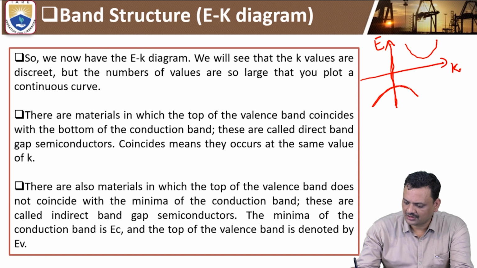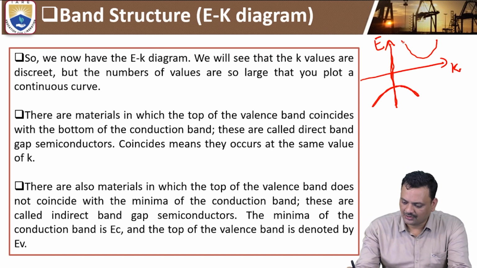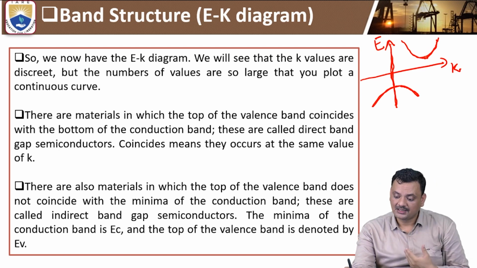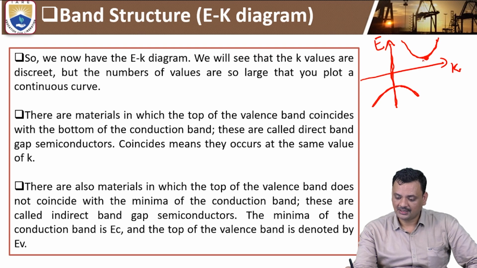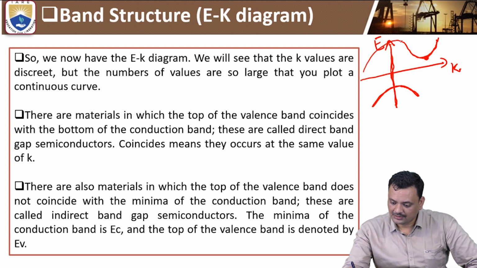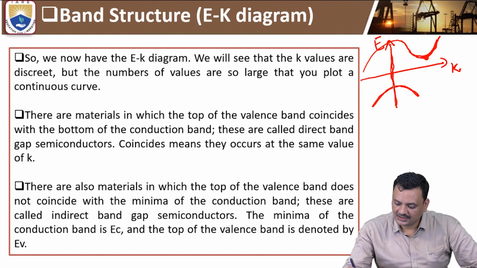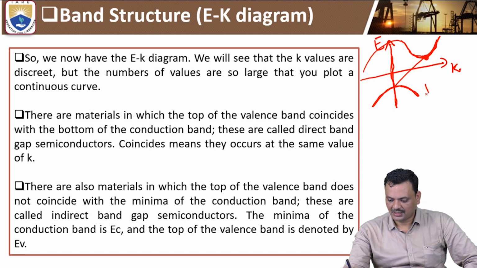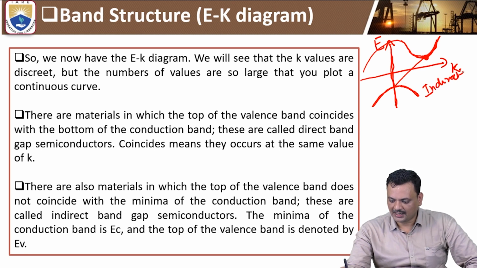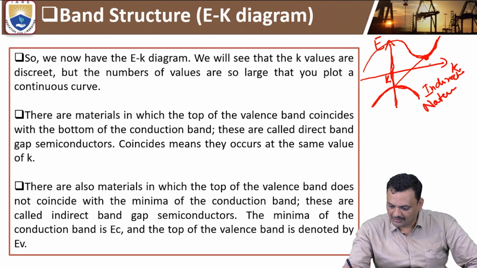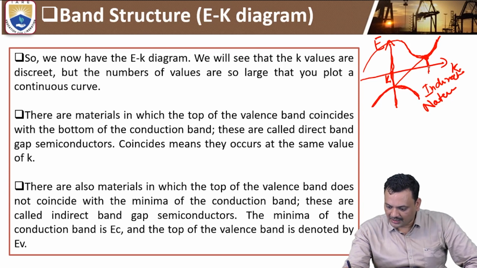See here, this is your valence band. Now the conduction band lie here. Bottom of conduction band lie here. So what is this? This is indirect nature of band gap. Why? Because this is your K point corresponding to top of valence band, and this is your K point corresponding to bottom of conduction band.